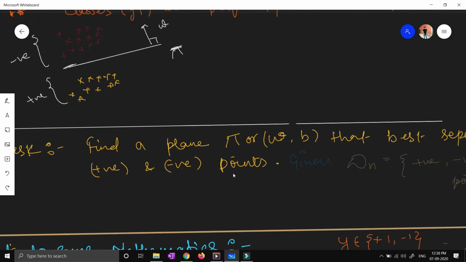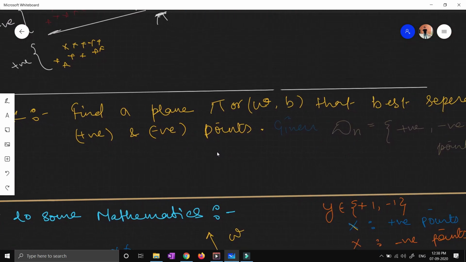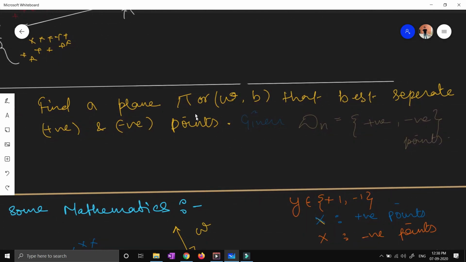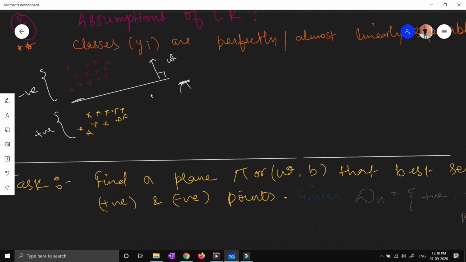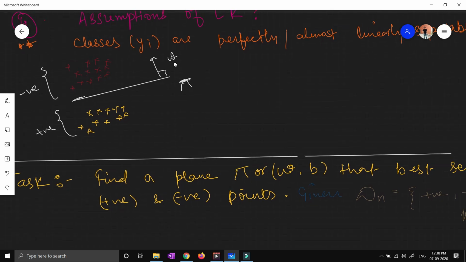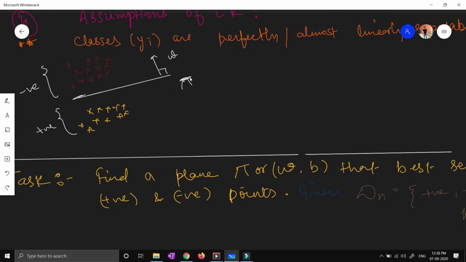And mathematically, what we have to do is find a plane pi, or you can say w and b values, because w is a normal to the plane. If we know the normal to the plane w and the value of b, I can very well put w and b in the equation of a line or hyperplane and find a plane.